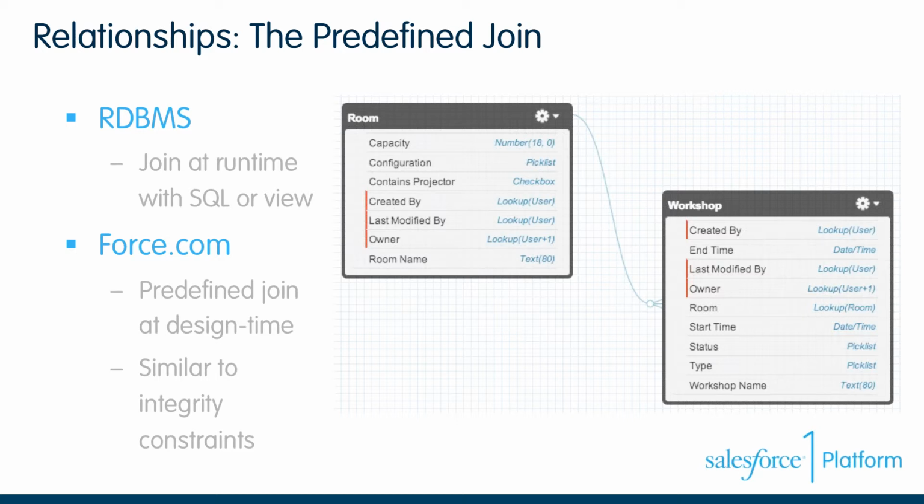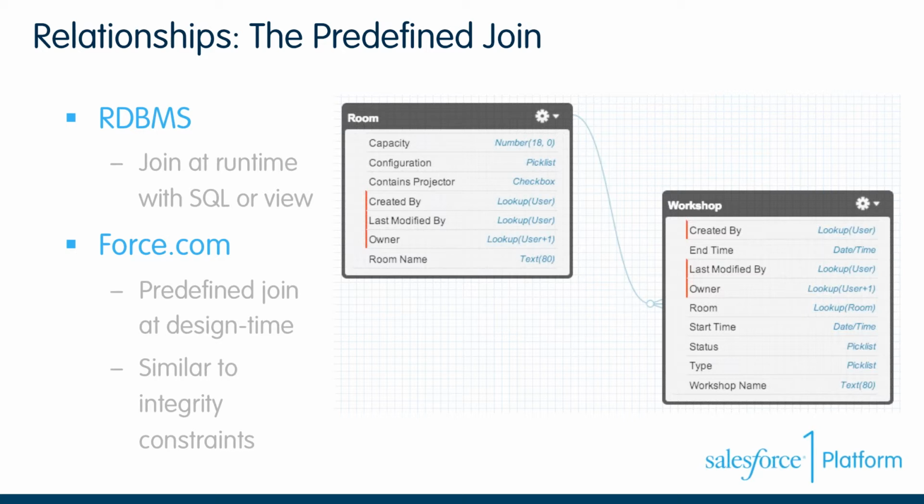And you'll see the line joining the two objects together with the crow's foot at one end, indicating a one-to-many relationship. So a room can contain multiple workshops. But this is actually defined at design time and stored as metadata in the system.